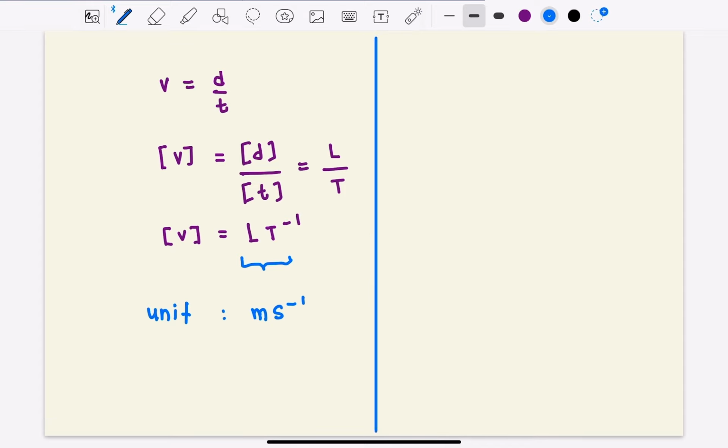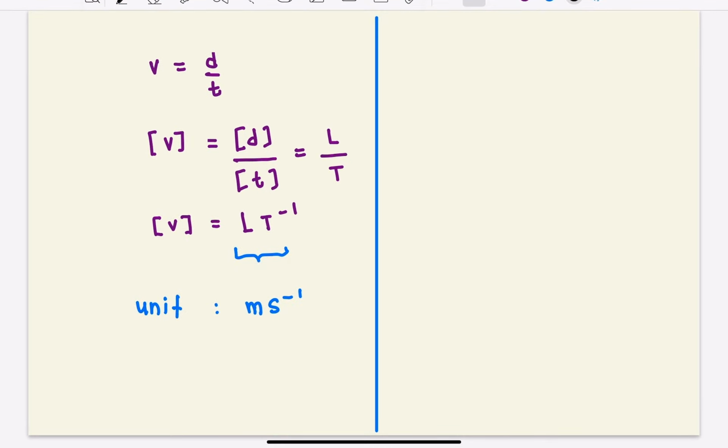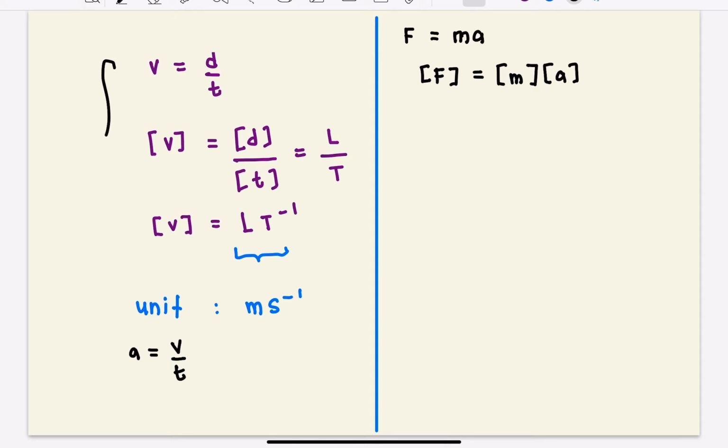This is a simple equation, which is you already know. But if you have a longer equation that you don't know the unit, you can use this dimension analysis. And then, for example, we have force. Let's say force. Okay, force F equal to ma. So I want the dimension of F equal to dimension of m and dimension of a. So you can find the dimension of a by using equation of a equal to v over t and do again this step.